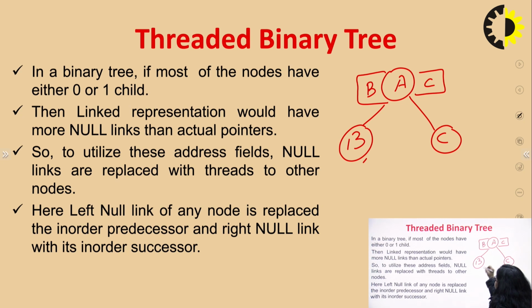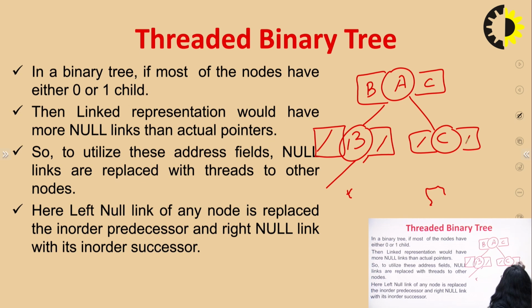But in the case of B and C, the left child consists of null because there is no left child, and similarly there is no right child, so it will also be null. Similarly node C has null on the left and right child. So basically in the linked list representation, most of the links are null rather than actual pointers.